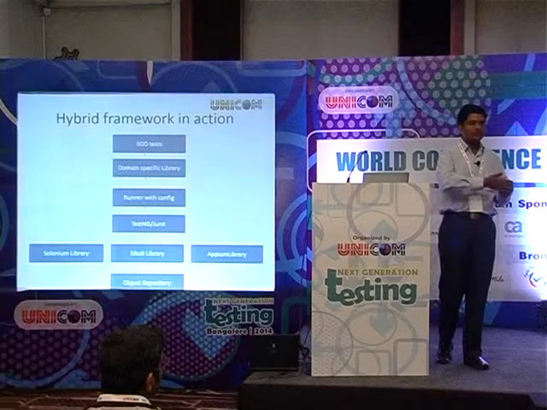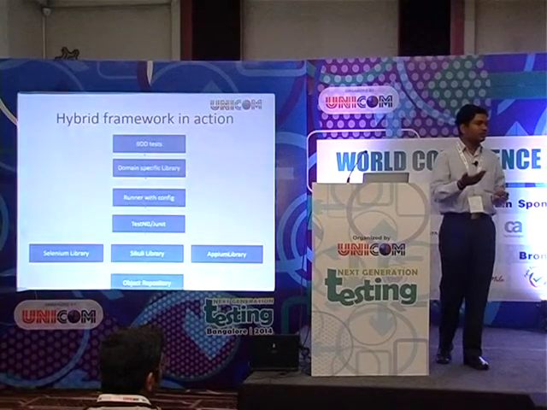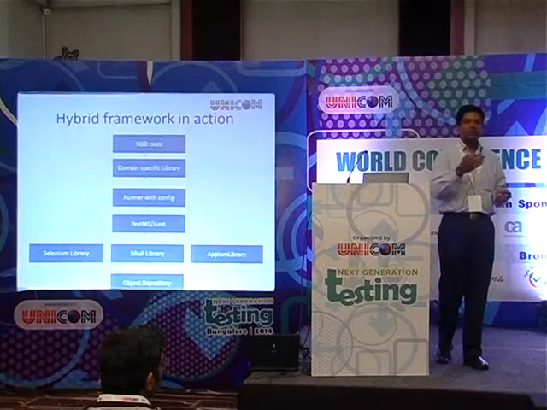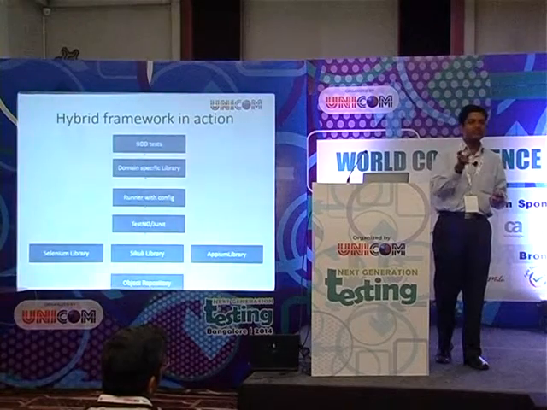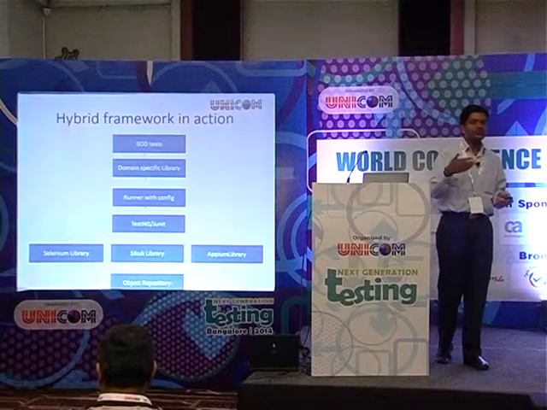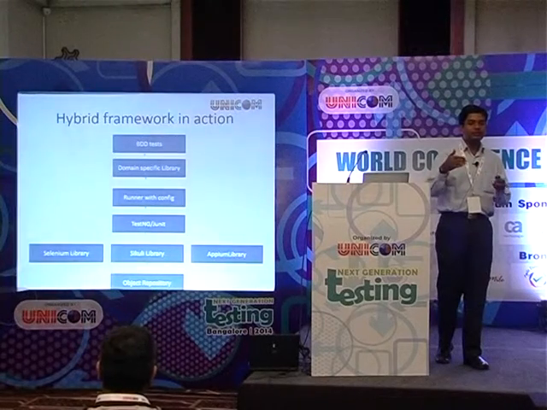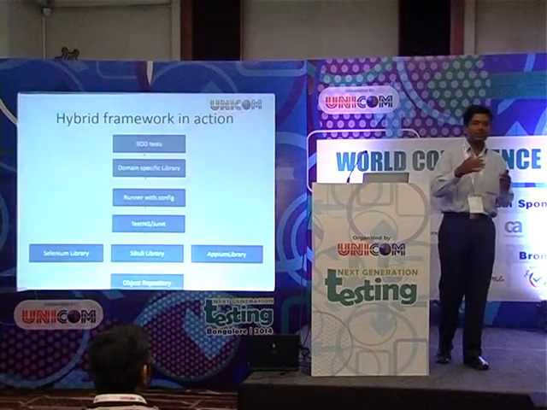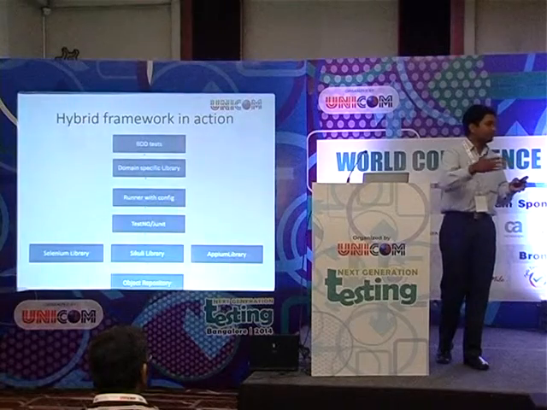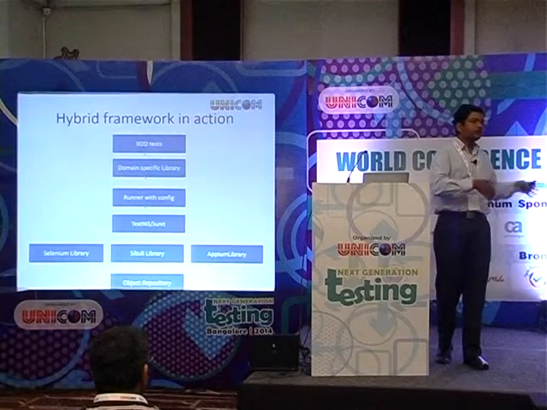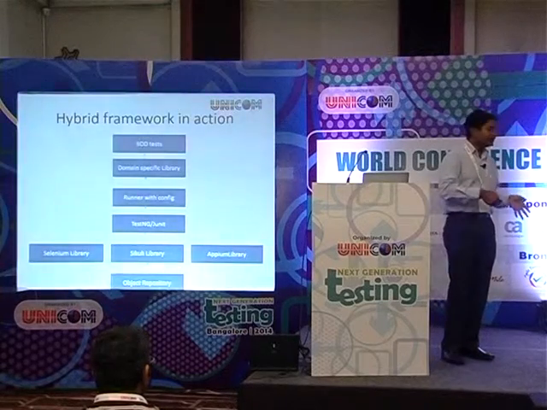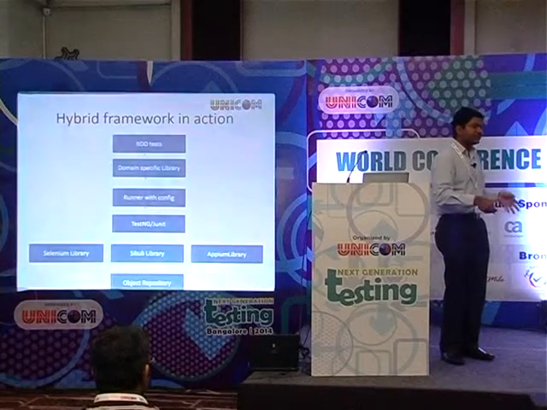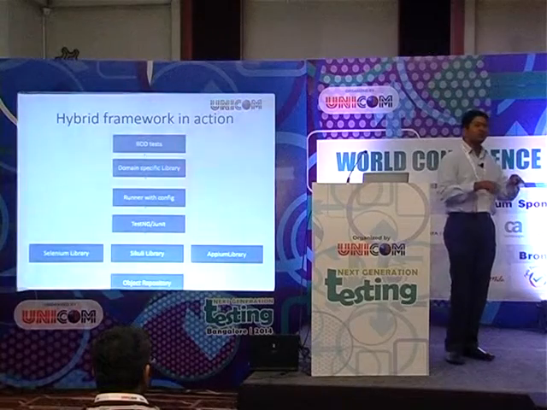The common thing across all of these would be the XPath, or it could be the IDs and the names, which you can enforce, especially the ID and name part, with your developers, saying please provide me a common name or common ID across all of these platforms, so that it's easy for me to automate it. If you follow this particular specification, then your object repository is going to be common across all the platforms.